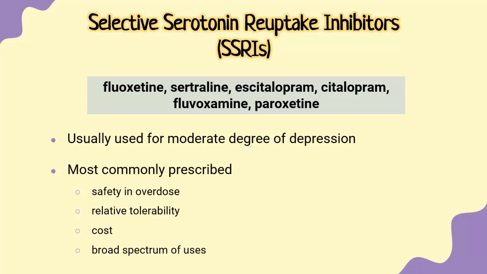Patients can tolerate SSRI as compared to the other antidepressants. It is cost effective, and it has also broad spectrum of uses, not just for depression, but it can also be used for many other conditions.